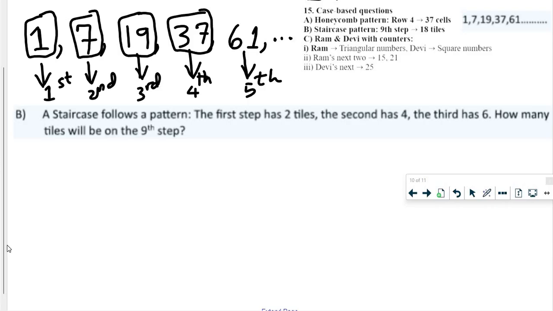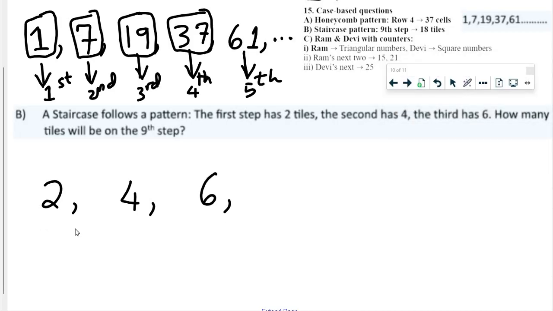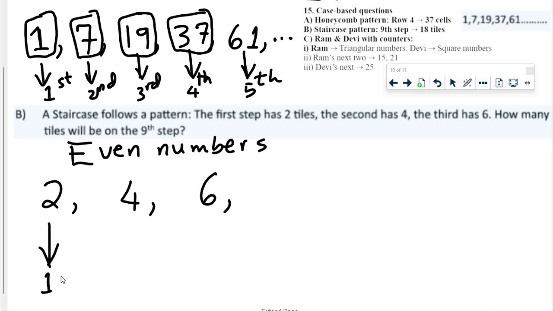A staircase follows a pattern. The first step has 2 tiles, the second has 4, the third has 6. What pattern of numbers is this? These are even numbers. Now, the first even number is 2, second is 4, third is 6.